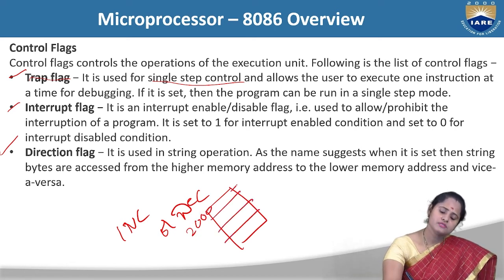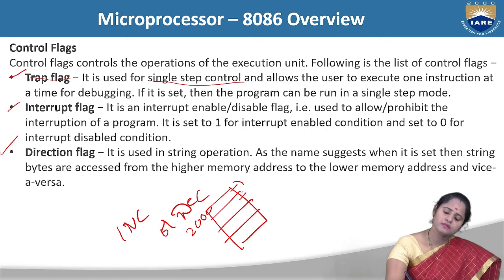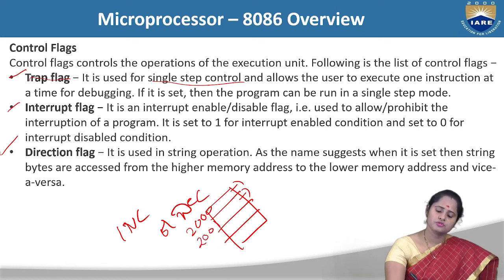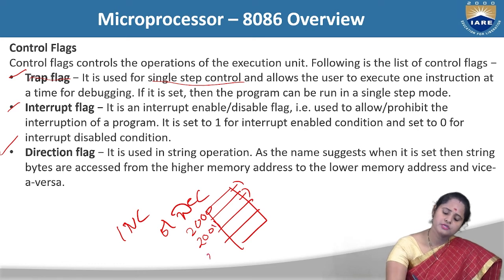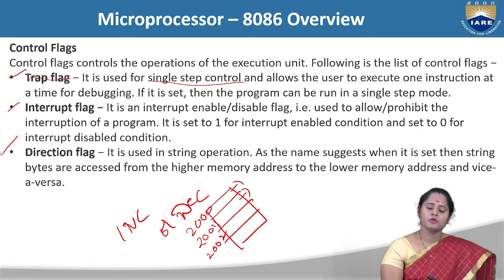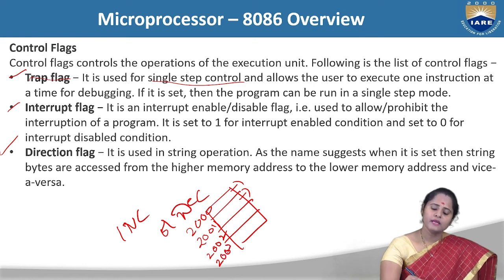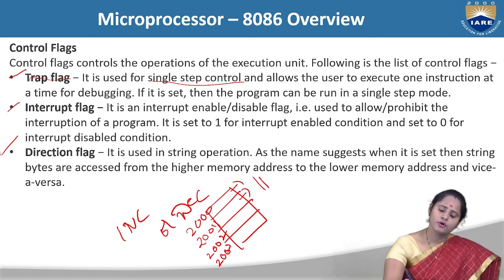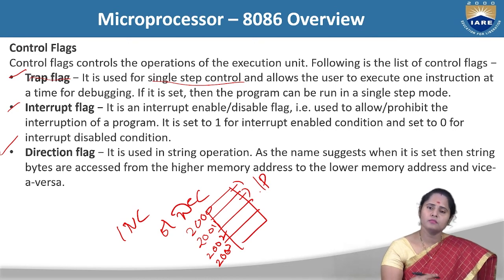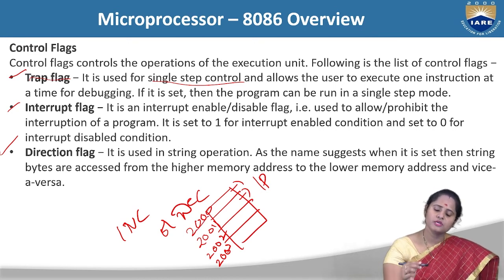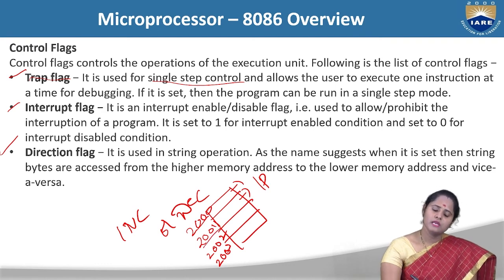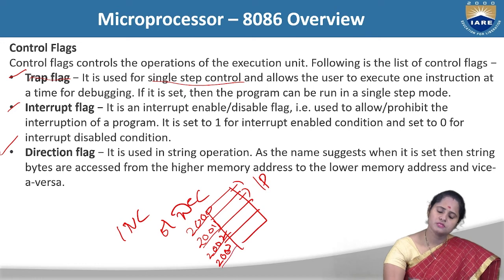When one instruction is executed, I need to increment to the 2001 memory location. Next, I need to execute 2002, and next 2003. So I need to increment my instruction pointer. After executing 2000, I increment my pointer to 2001, then to 2002 or 2003.